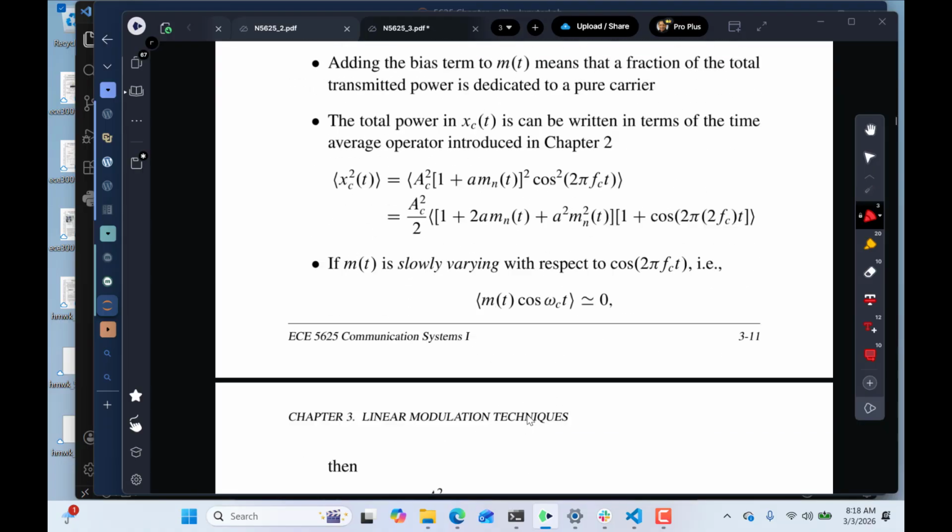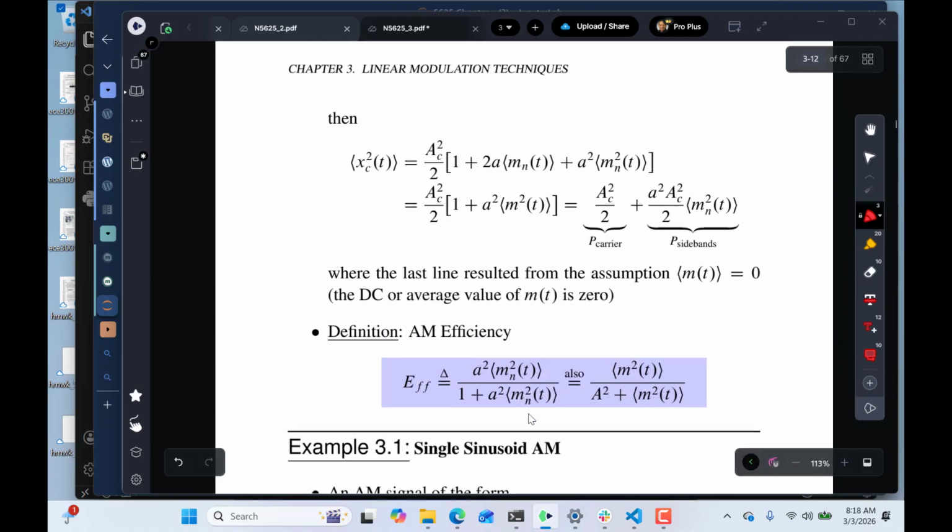So the power efficiency is the calculation that finds, through this calculation right here, the power in the carrier and then the power that's put into the sidebands. And the sidebands are what we talked about last time. When we do linear modulation, we have upper and lower sidebands.